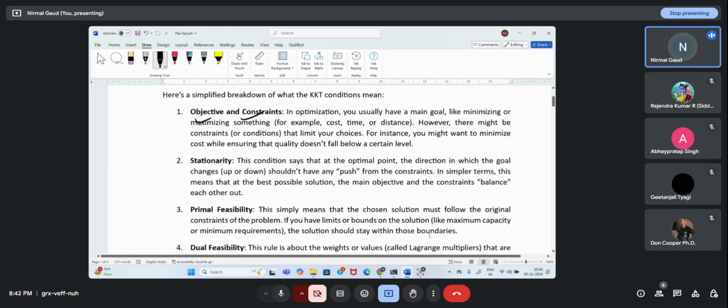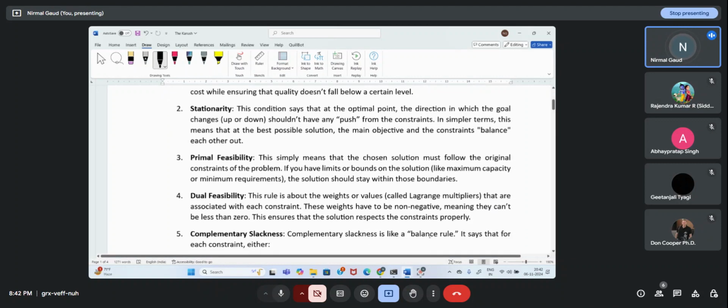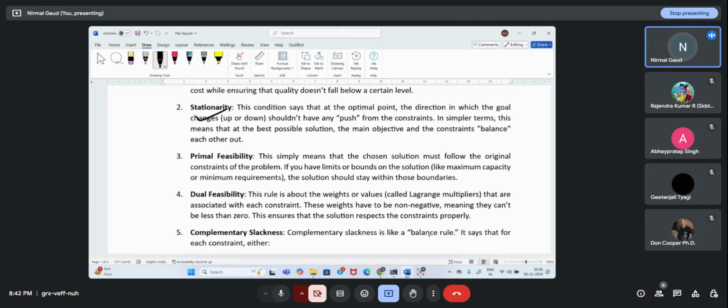Okay, you should have an objective function, you should have a constraint, you should have stationarity. This condition says that the optimal point, the direction in which the goal changes up or down, shouldn't have any push from the constraints.